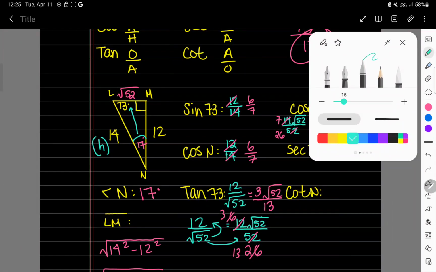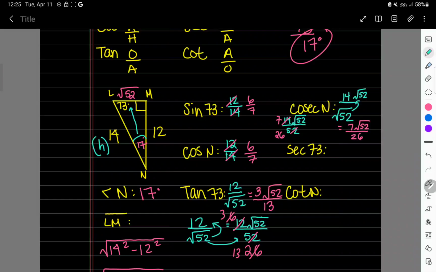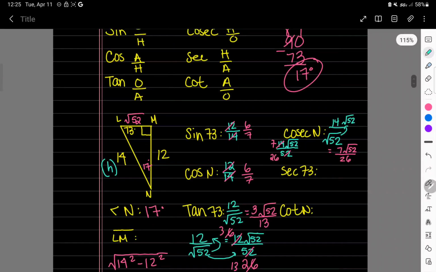Secant of 73. Secant is hypotenuse over adjacent. So our hypotenuse was 14. Adjacent to 73 is the square root of 52. So it'll be the same answer that we have at the top, 7 square root of 52 over 26.